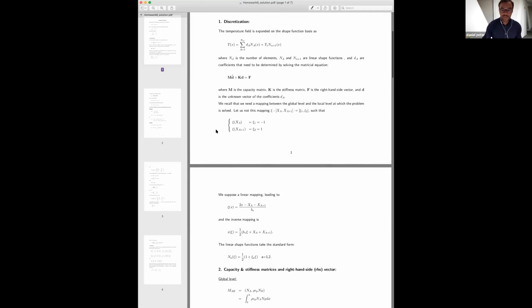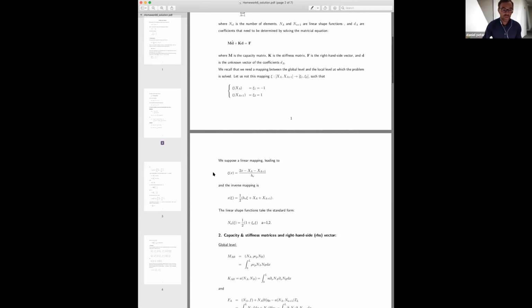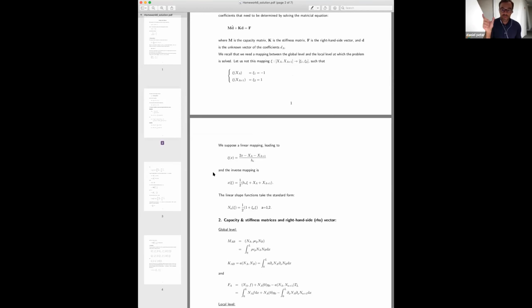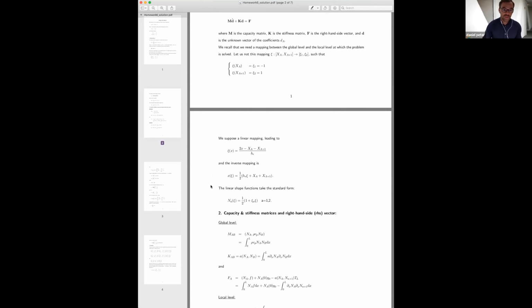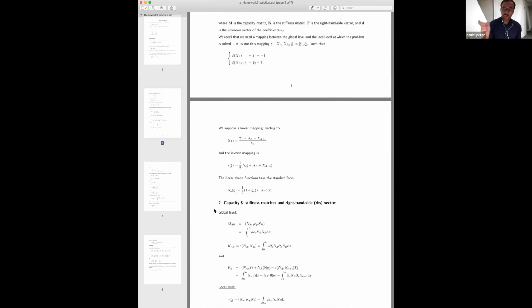And then we have this linear system, the matrix form that we set up. And for that, we use a mapping to this local element or the reference element. And for the mapping, we also use the same shape functions, which is very common in finite element approaches. The shape functions and the basis function where you do the function expansion are the same.